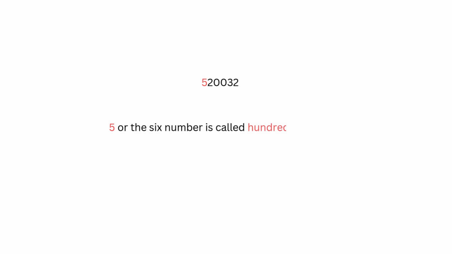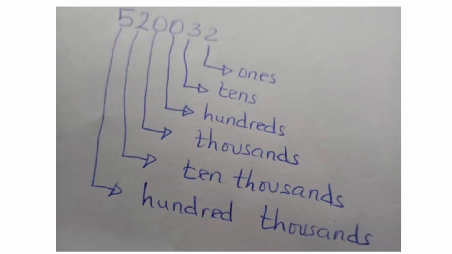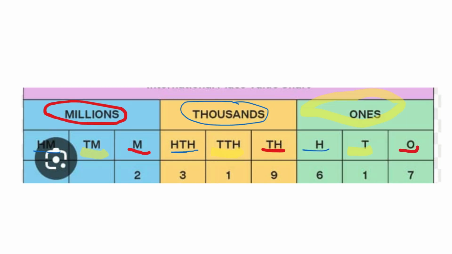You see, every number has its own place value. After reminding ourselves, let us see a table which contains place values of a number which has more than 6 digits. Now this table contains millions.